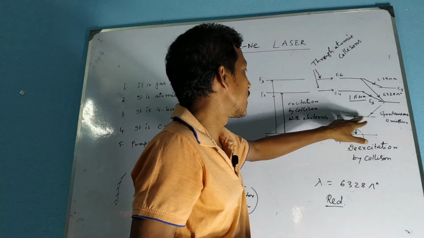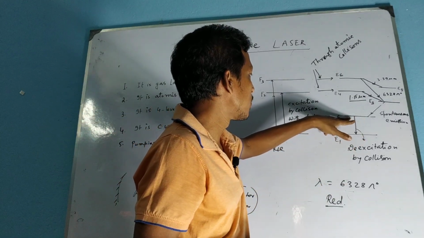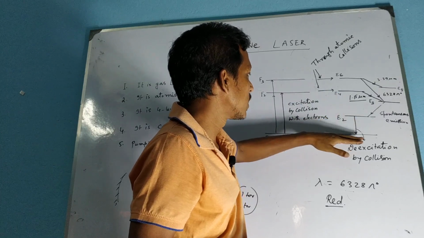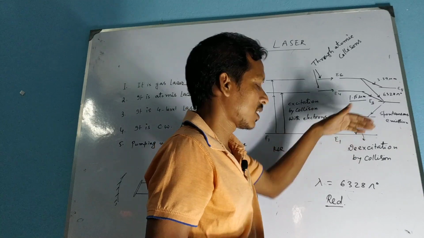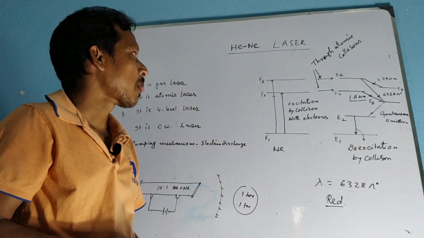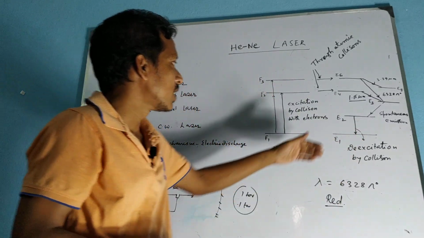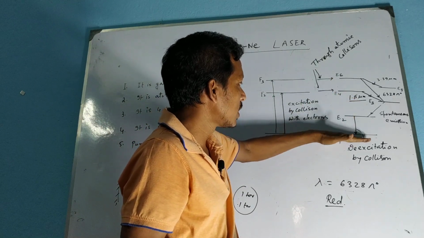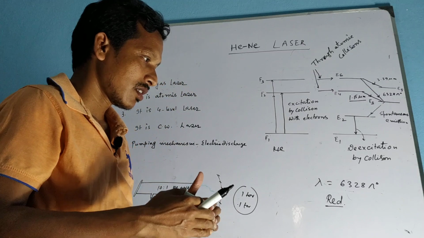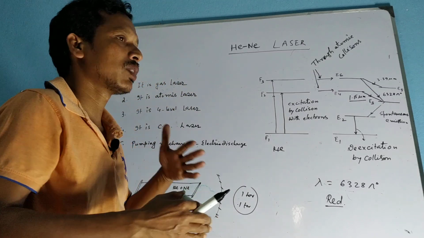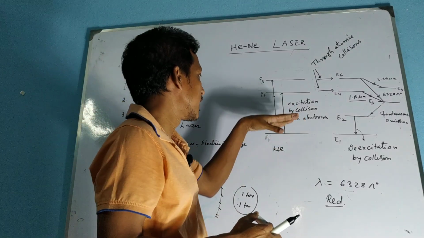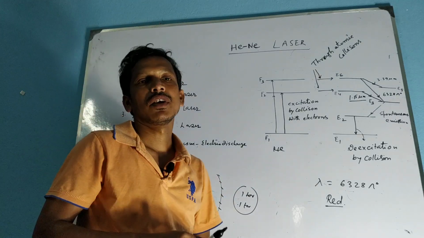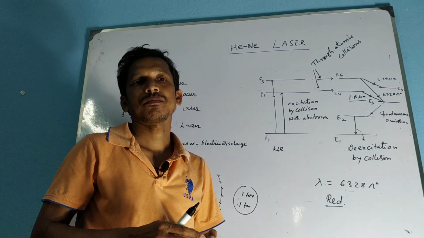The neon atoms from E2 come to the E1 state via collision with the walls, and also by transferring their heat energy to the wall, because in the chamber helium is present and the conductivity of helium is very high.